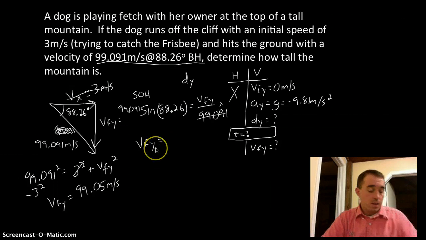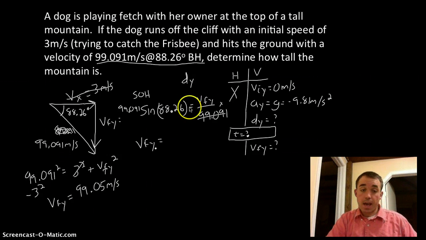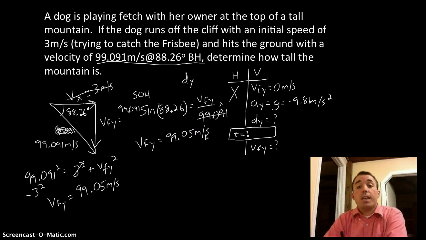I just want to show that both of these give the same answer. 99.091 times the sine. Again, make sure your calculator is in degree mode. And I get exactly the same thing, 99.05 meters per second. So that gives me my VFY.